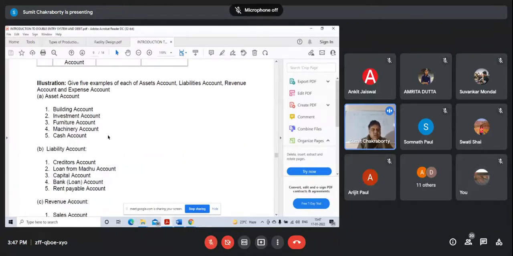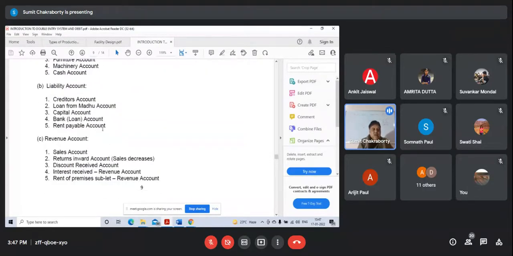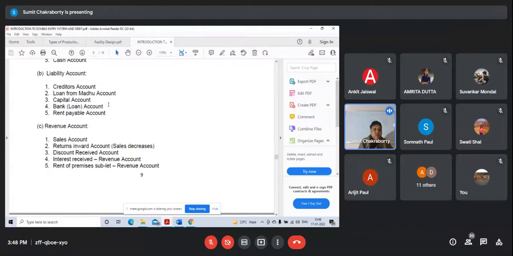Okay, introduction to debit and credit. Liability account, creditors account. Who are creditors? Creditors are basically the suppliers who have given you something and you have not paid.